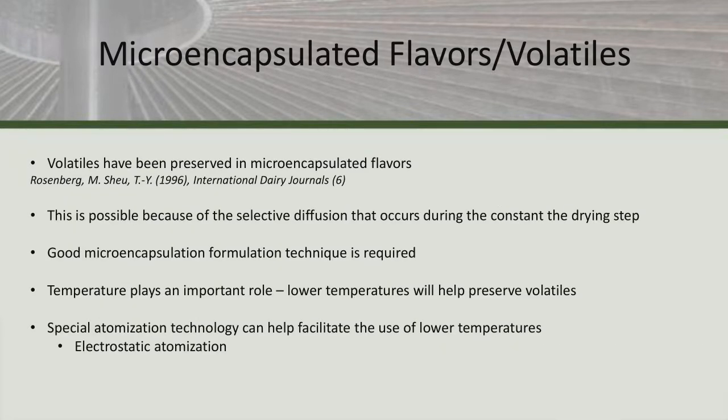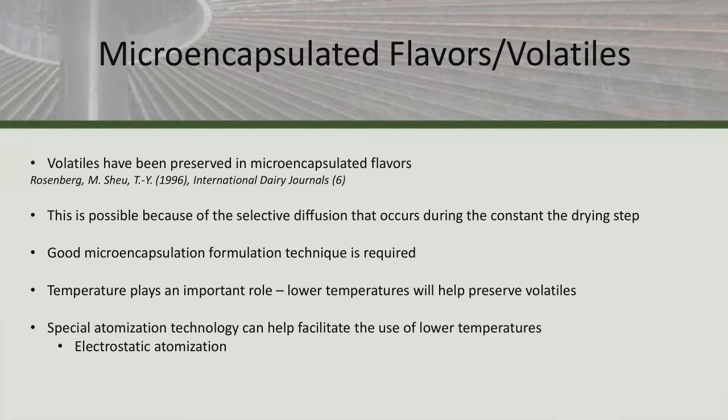Again, microencapsulation can be used to create powders out of flavors and volatile materials. If you think about it, this is kind of weird, because a volatile material is something that has a very high vapor pressure. That's why we can smell it. So you can imagine in any evaporative process, those are going to evaporate quicker than water.